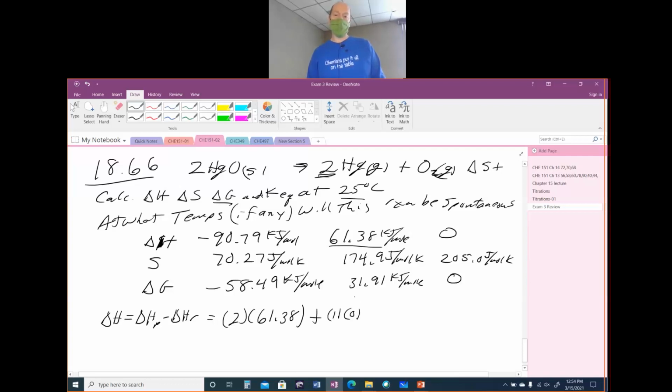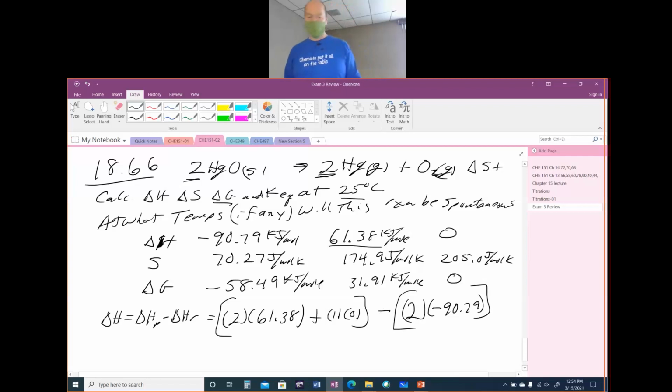You don't have to write 1 times 0, but the oxygen is 0. There's 1 mole of that. So that's your products minus the reactants. Again, you have a coefficient of 2 moles. And for each one, you have a negative 90.79. All right, and so you have a minus a negative, so that is going to add.